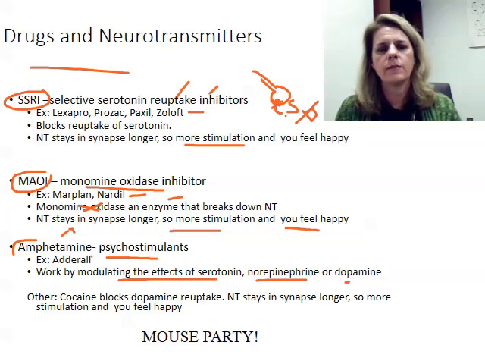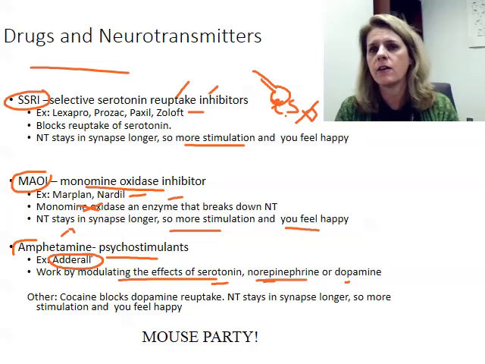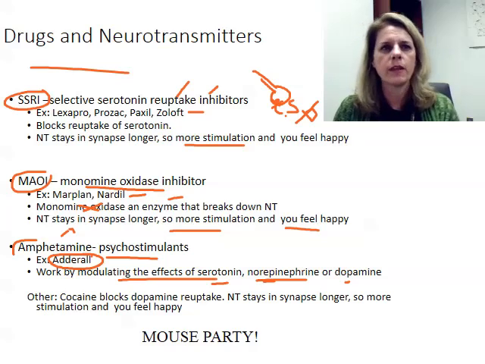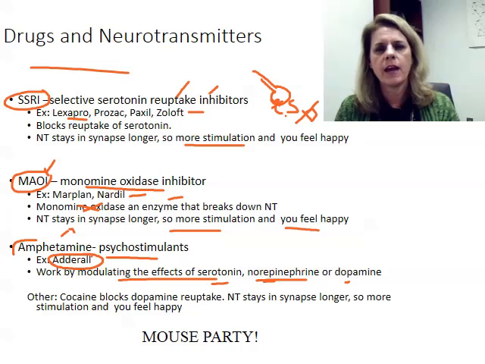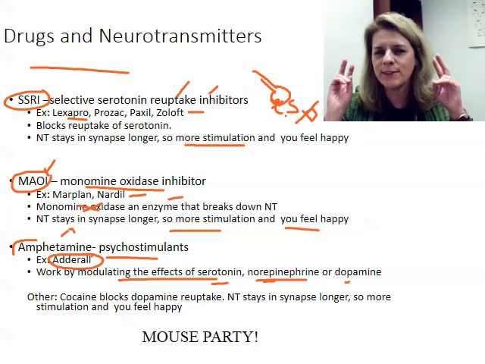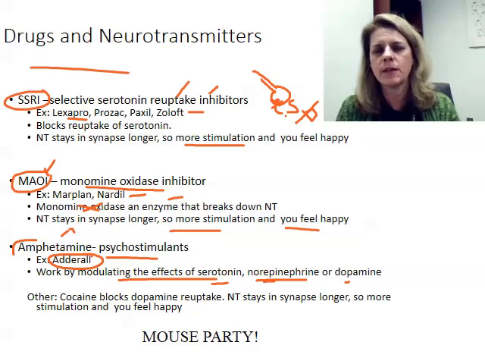And because it can work on so many different neurotransmitters, that's why it can be hard to judge exactly how and who will be helped with Adderall. And the same thing with these selective serotonin reuptake inhibitors and MAOIs. Everybody's wired a little bit differently chemically, so sometimes you'll need to try 1 or 2 or 3 drugs before you find the one that works the best for you or your patient.